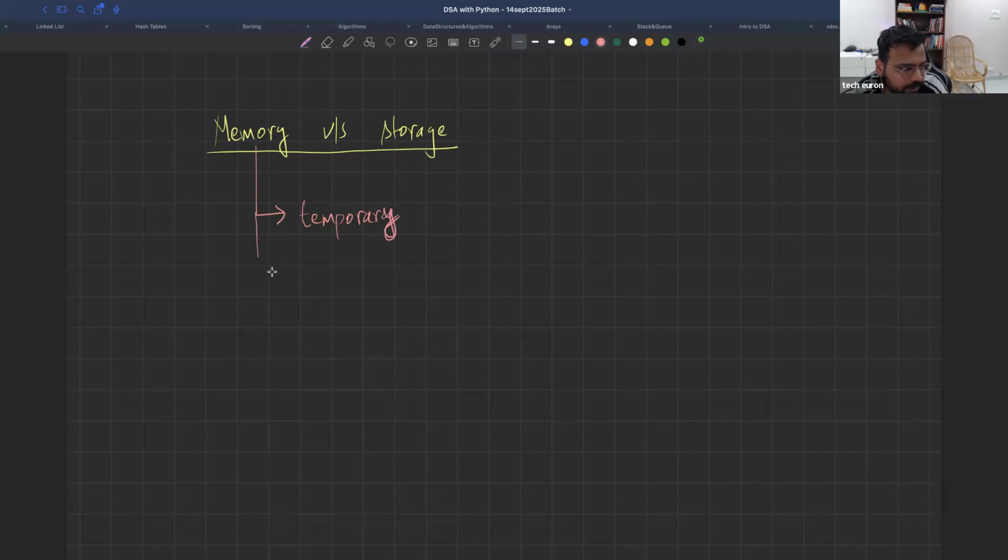It is temporary and it is volatile. Volatile means if you switch off your computer, everything that is there in your memory is gone. The use of this memory is that it is very fast to access, compared to storage. So what do I mean by storage?